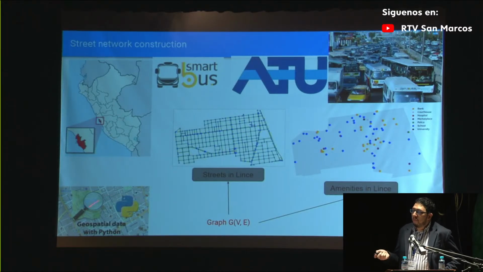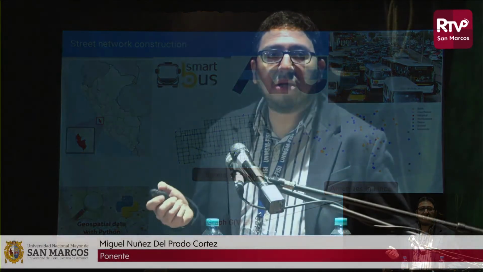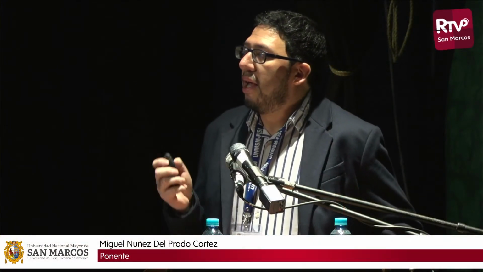For this, we use OpenStreetMaps to get the infrastructure, and then we get also from OpenStreetMaps all the amenities for different public services. So for financial public services, we have banks. For justice, we have courthouses. Hospitals are for healthcare systems. Marketplaces for food security. Police for justice, and schools and universities for education.